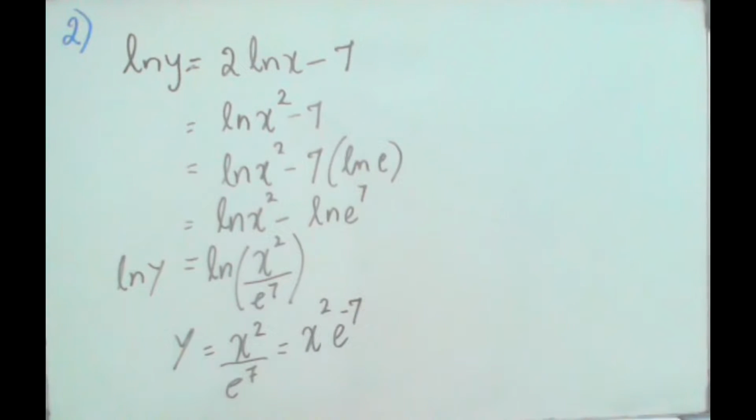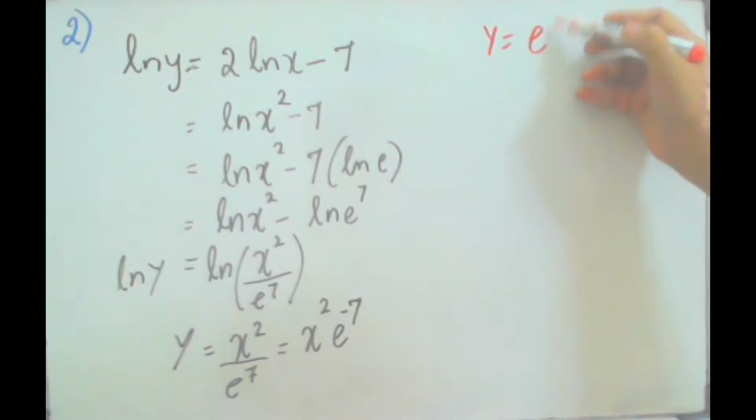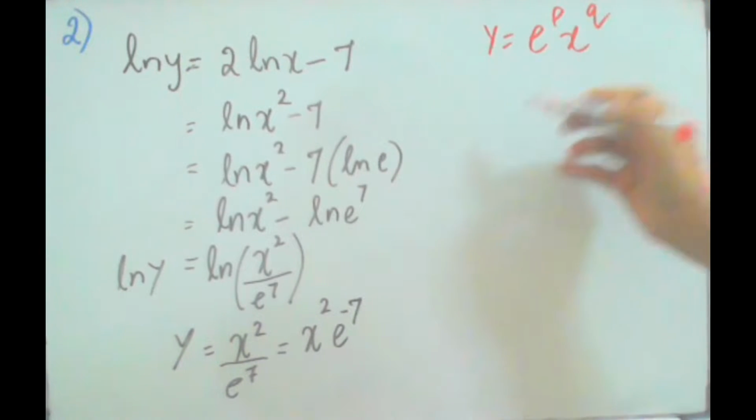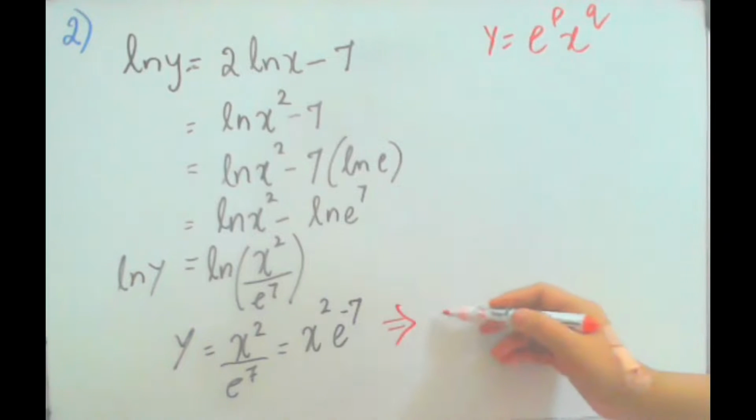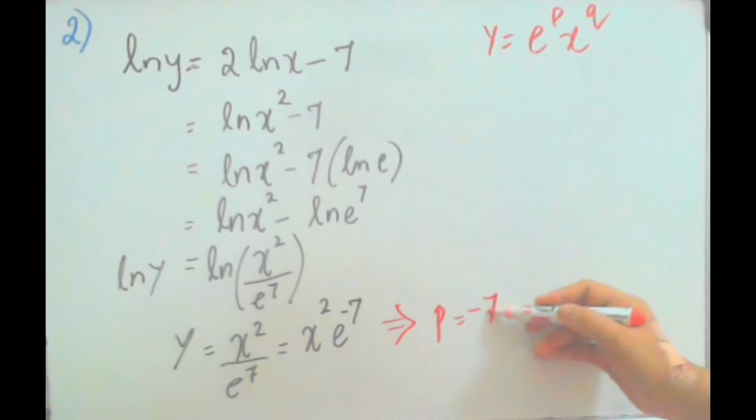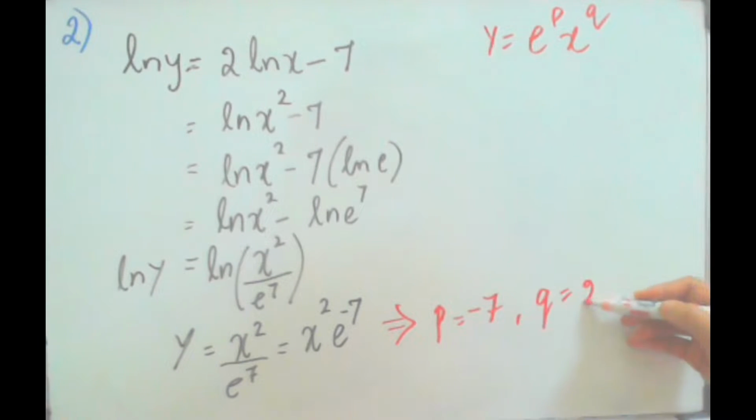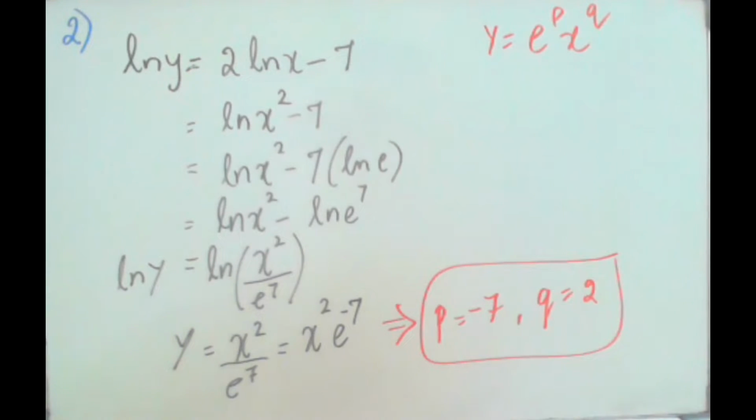So we got an expression for y. Now comparing this with the given expression e power p x power q, we identify p is equal to negative 7 and q is equal to 2. So this is the answer for question number 2.